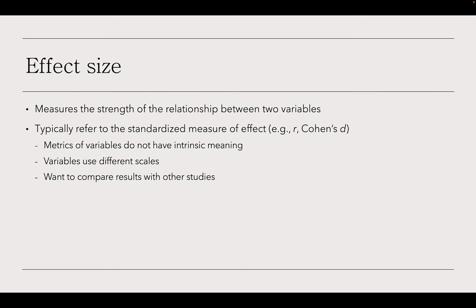But a lot of times we do have variables on metrics that have no meaning to us. Variables also very often in our models use different scales, right? We may have motivation on a 6-point Likert scale, and we may have math course grade, which is on a 0 to 100 scale. And so we need to standardize here to be able to compare apples to oranges.